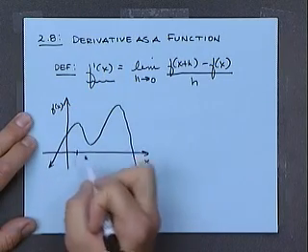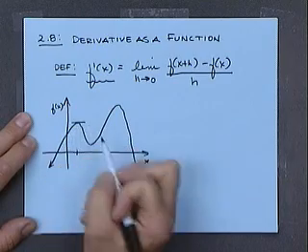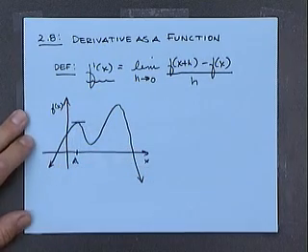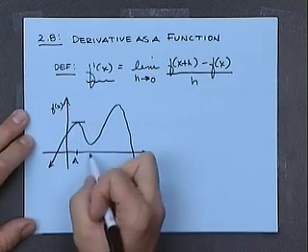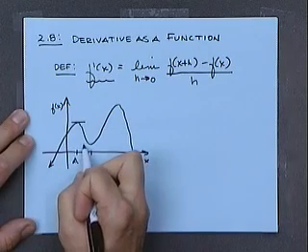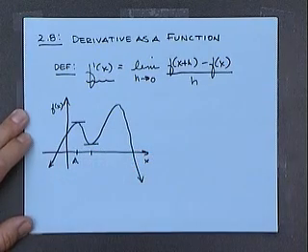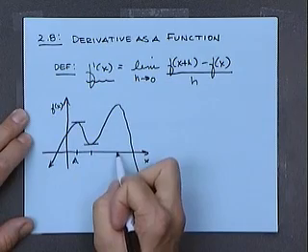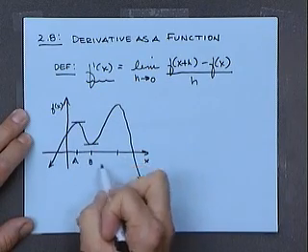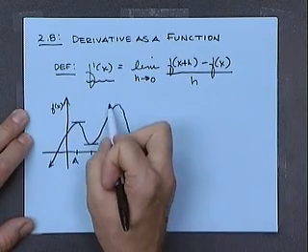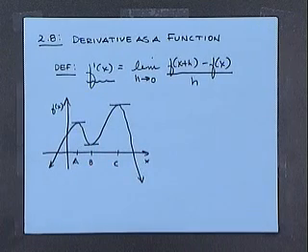Let's say at this value, which I'll call capital A, the slope of the tangent is 0. At this value, let's call that B, and at this value, C, the slope of the tangent is 0.